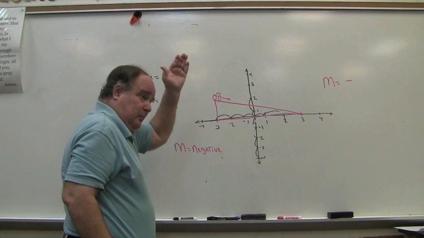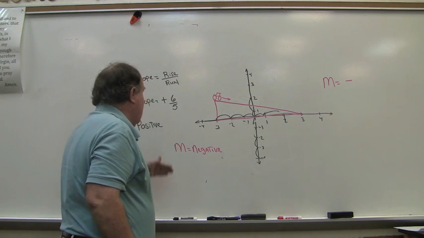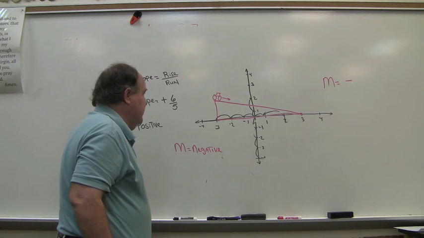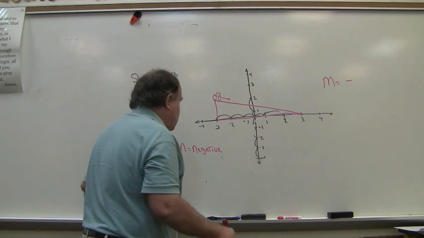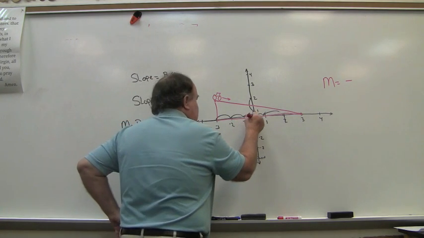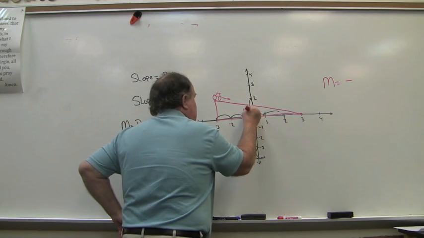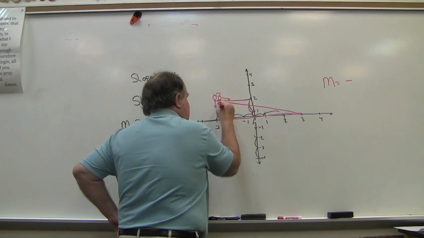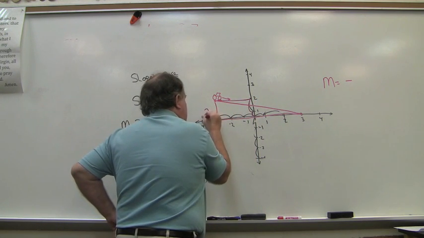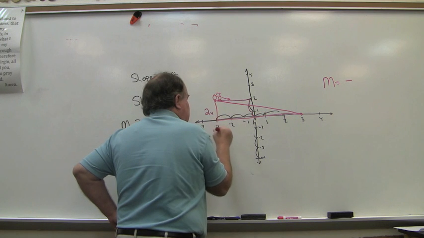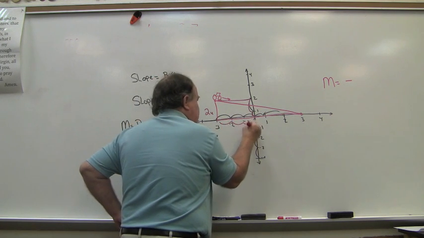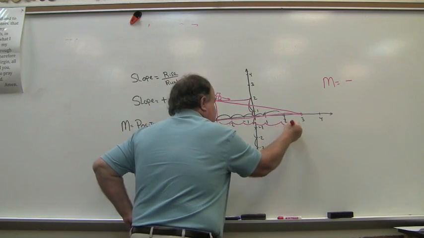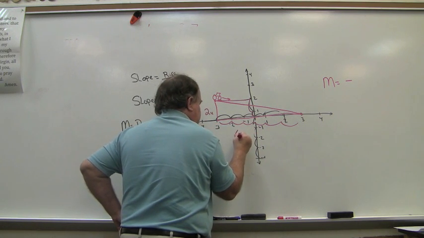How high does it go up or down? Over the run. Well, in this case, we're going to start here and we're going to say 1, 2, because that's exactly where the rise is. So it's 2 units. And here it's going to be 1, 2, 3, 4, 5, 6 units down here.